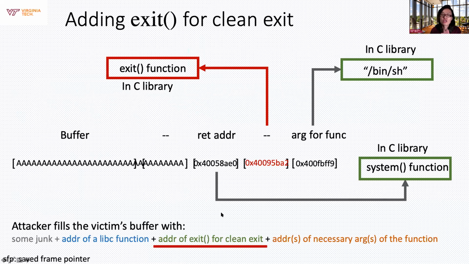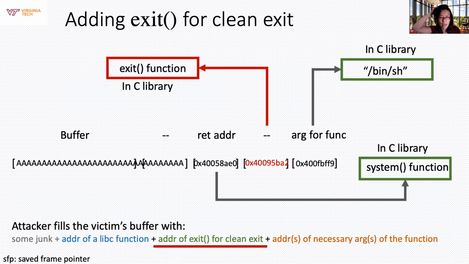In reality, there's slightly more complication if you would like to exit after you open the shell. Otherwise you may run into a segmentation fault when the execution is done and the program returns, because it would not be able to find a meaningful instruction to execute.